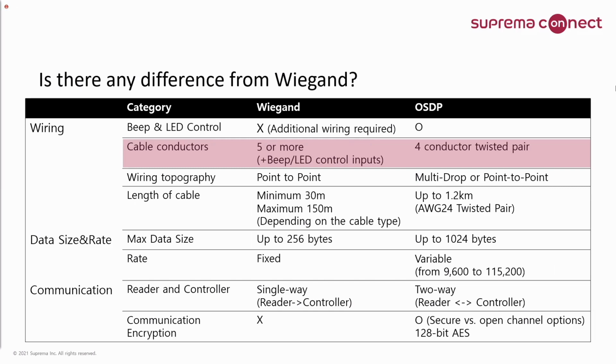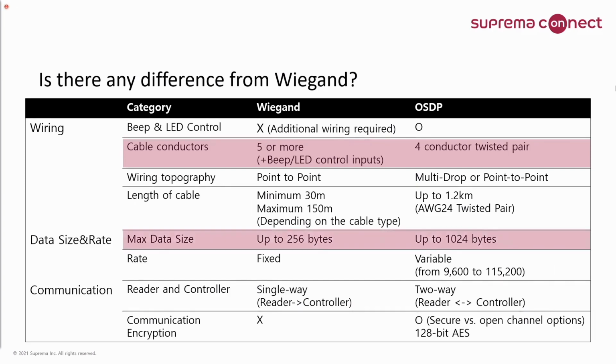With these 3 wiring cables, Wiegand cables, you need to connect additional input cables to control LED or beeps. However, OSDP can control beep and LED with 4 conductors of RS-485 cable line composed of a twisted pair.